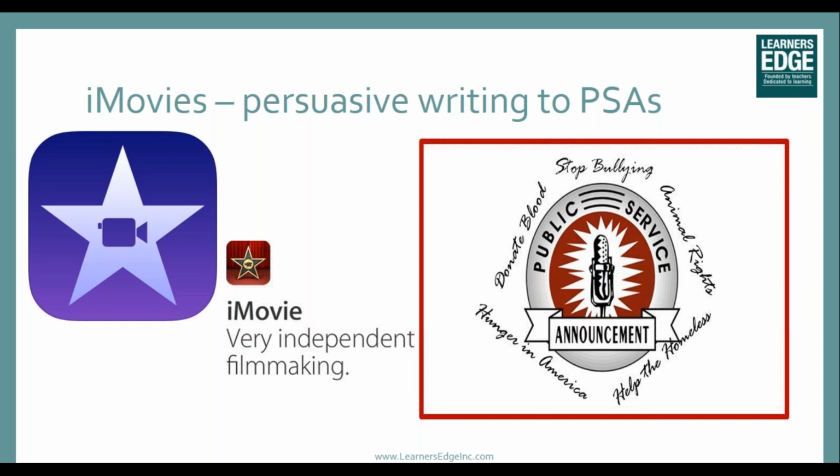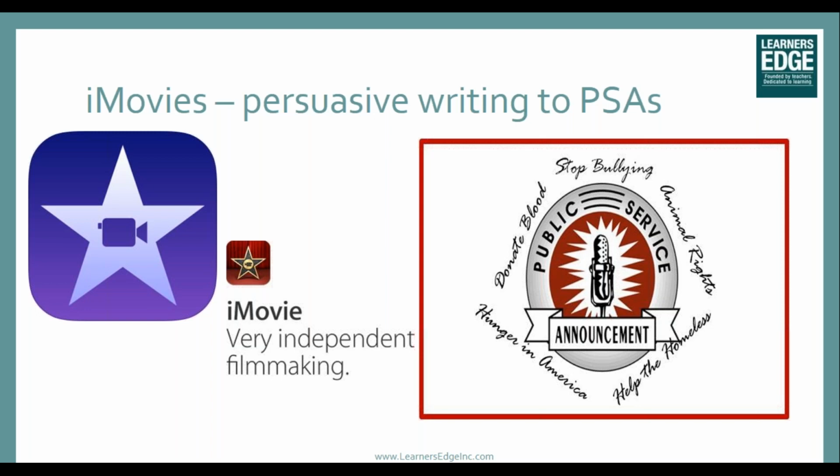The technology application is perfect for small group collaboration, creative expression of a big idea or a message to the world, a call to action based on a topic that they've researched and written extensively about. It really was so inspiring to me.